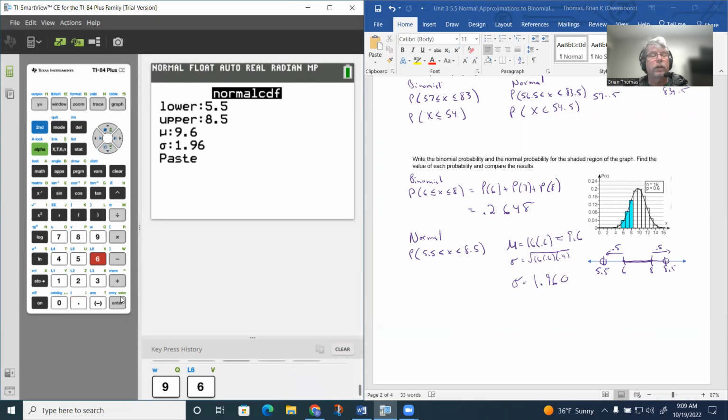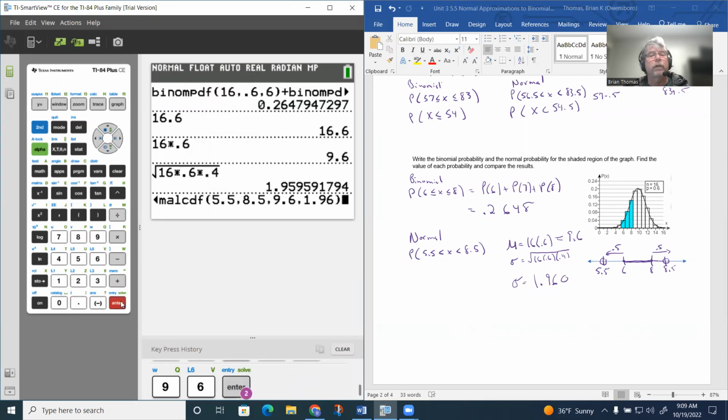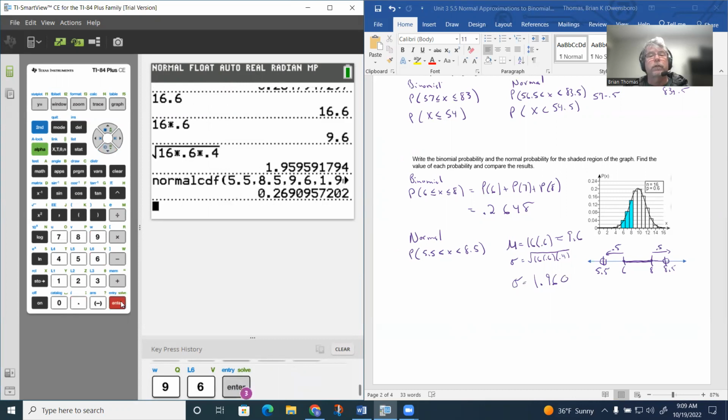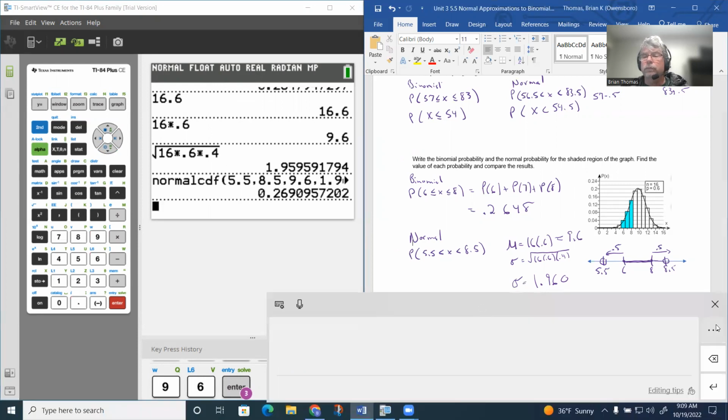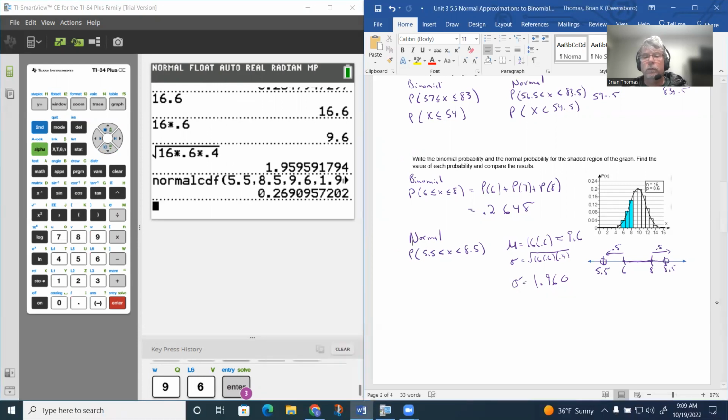So it saves me having to actually calculate the z-scores and stuff. So again, notice our probability is going to be 0.2691.